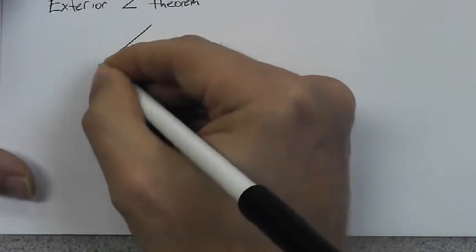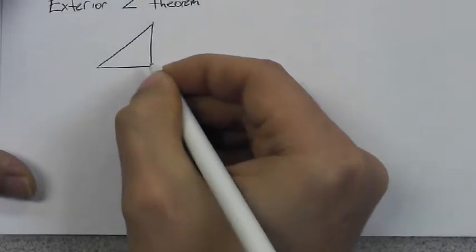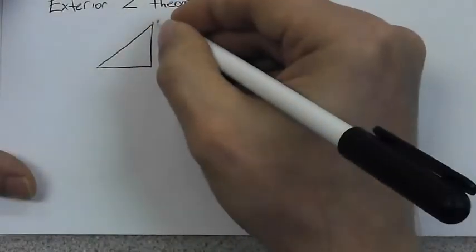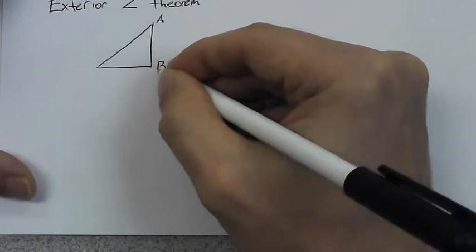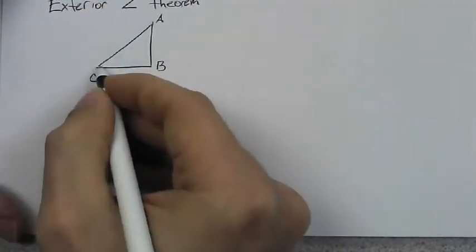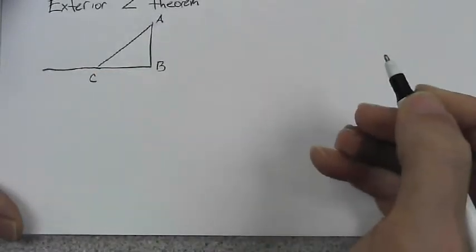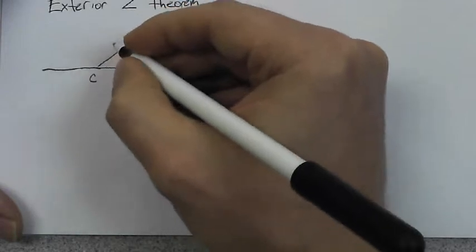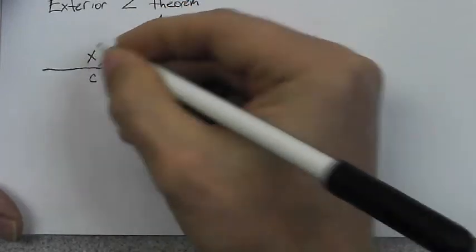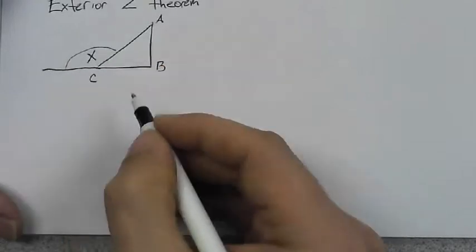Basically what that means is if you have a triangle, any triangle, so we got this one right here, and let's say this is point A, B, and point C. Now if you extend this triangle in any direction, let's call this x. So this exterior angle right here is angle x.